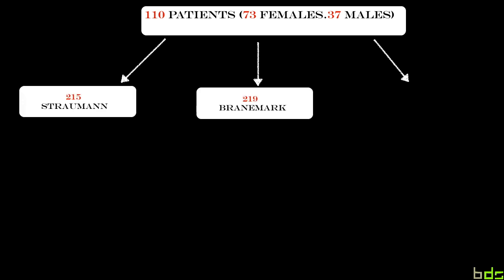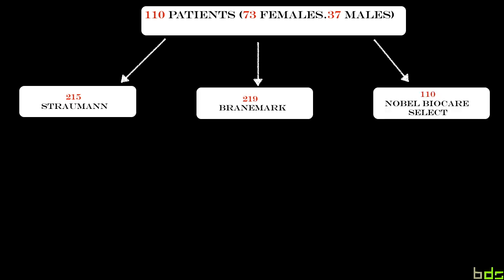So, bringing down the study diagram, we had 110 patients, 73 females and 37 males, all distributed with 215 Straumann bone level implants, 219 Brånemark implants with an external hex, and 110 Nobel Select implants, internal connection with a 1.5 millimeter polished collar.